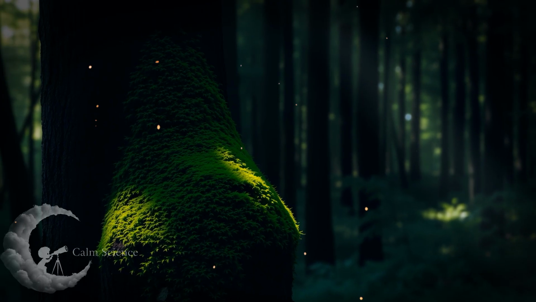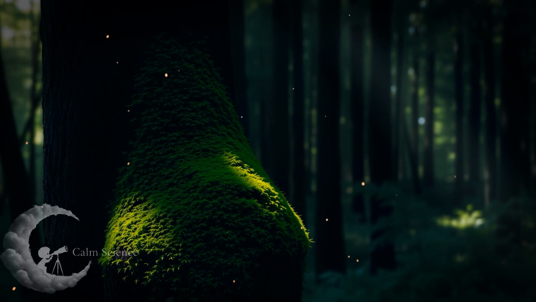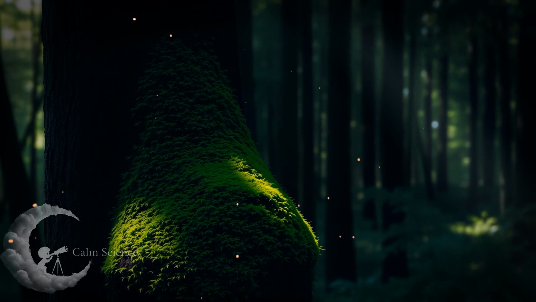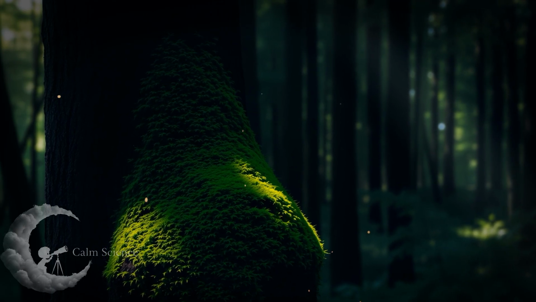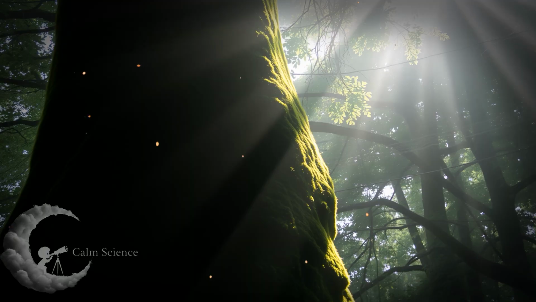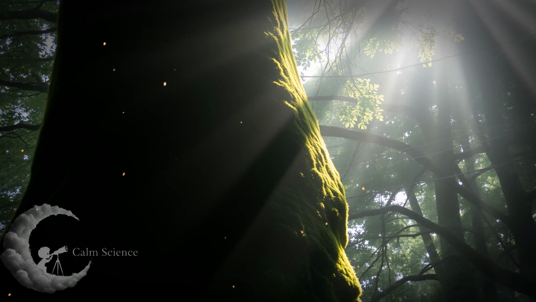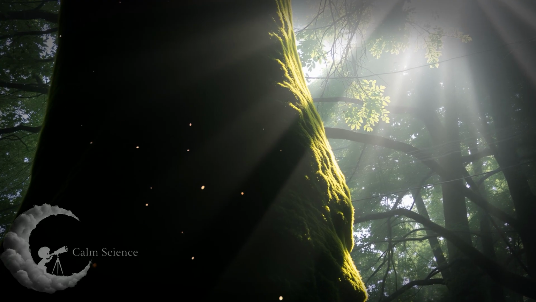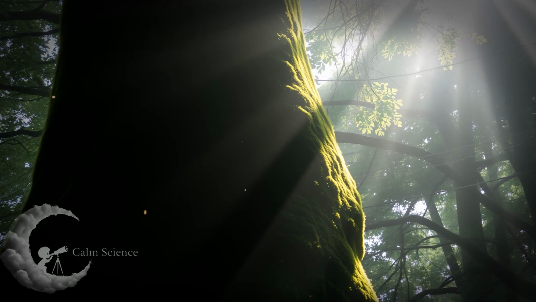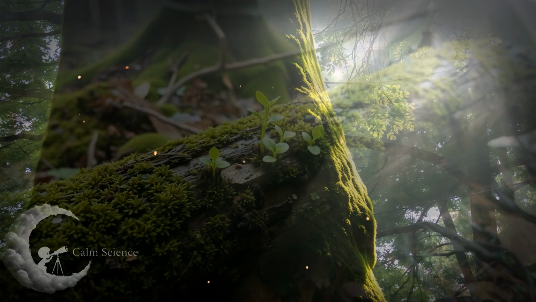By breaking down this tough plant material, they speed up the process of decomposition and make the nutrients within the leaves available to smaller organisms like bacteria and fungi. They are quiet recyclers, turning death back into life, one slow mouthful at a time. Deeper in the soil, these many-legged creatures are essential gardeners, cultivating the health of the very ground they walk on. The forest asks for nothing but your quiet presence.